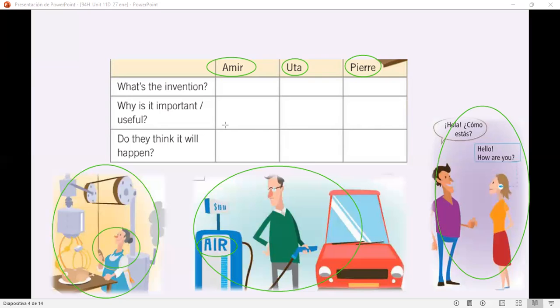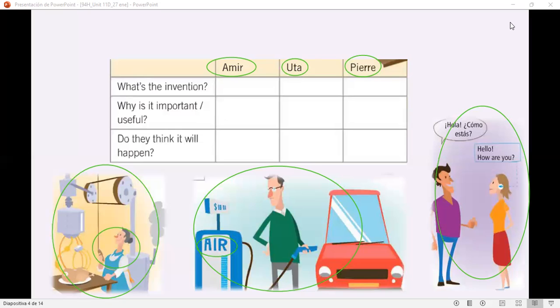Hay 3 aspectos en el listening que van a escuchar. ¿De qué es el invento? See what's the invention? Why is it important and useful? Porque es importante o útil este invento y si creen que suceda o no. Okay.